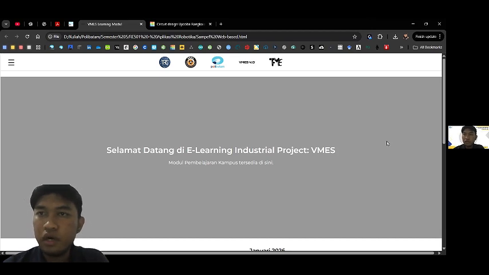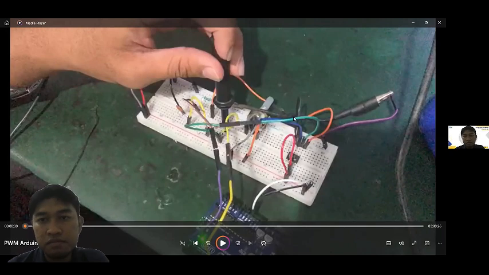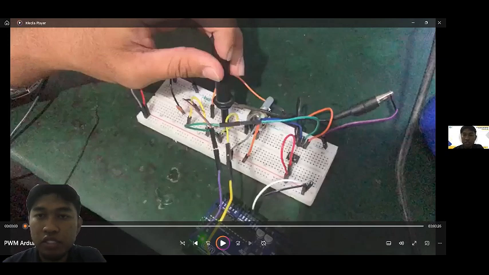Okay, so I will show you how it works. As we can see in this video, there is a breadboard and also components like wire, Arduino Uno, the potentiometer, and we are using an oscilloscope to test the signal of this component.